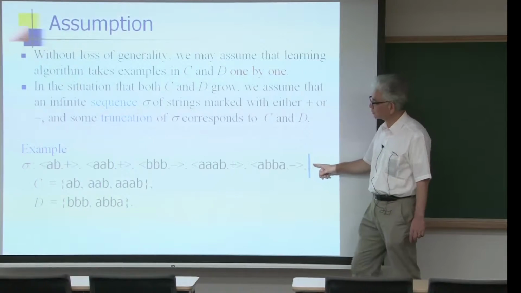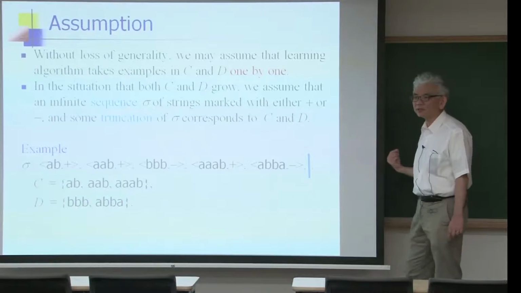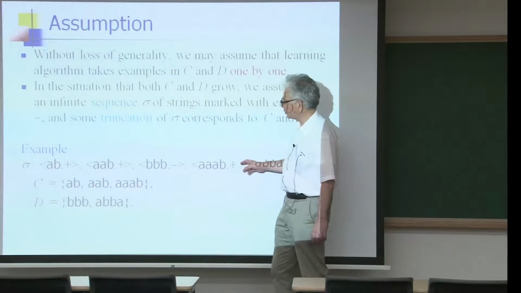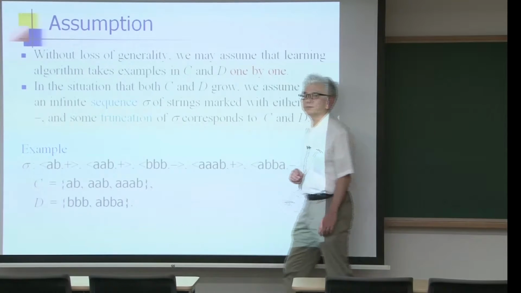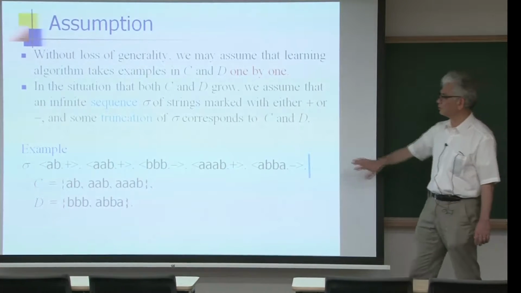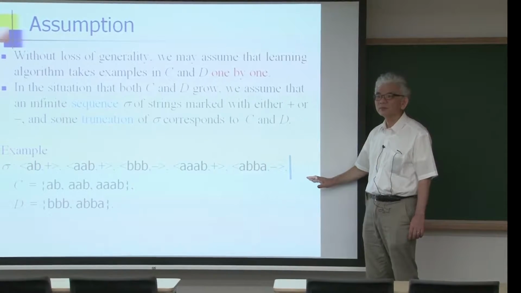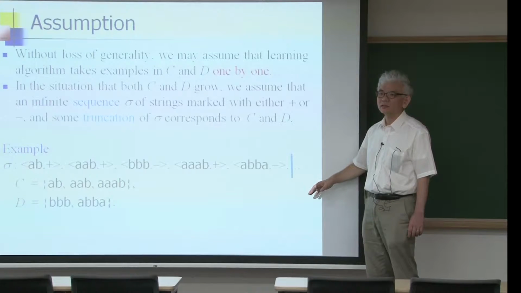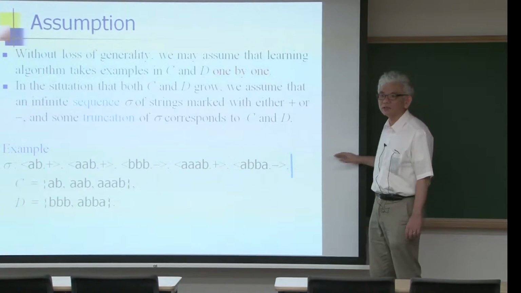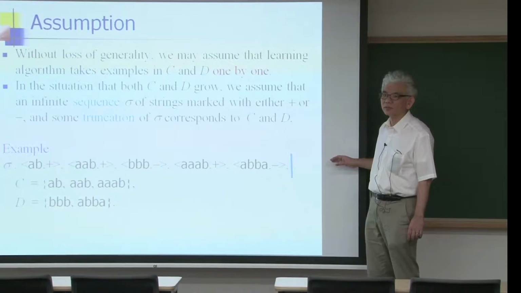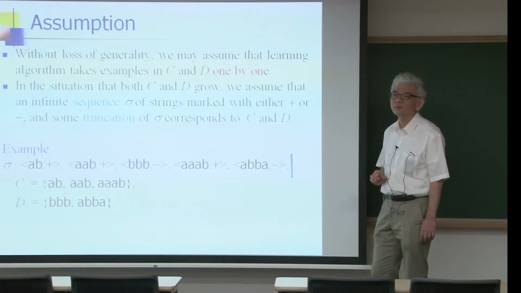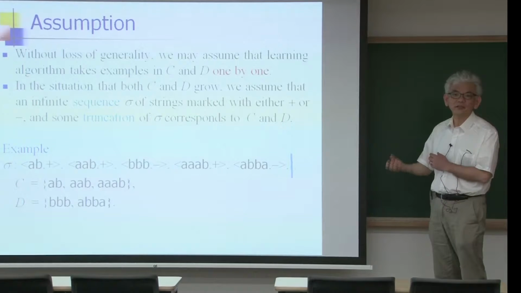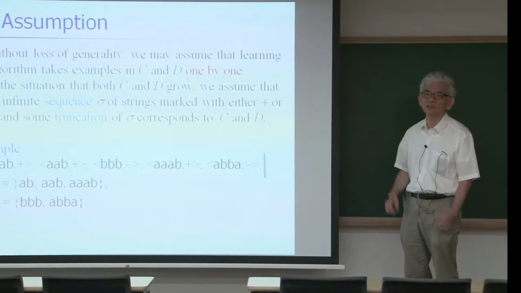Truncation means some prefix of the infinite sequence, and we gather the positive examples as C and the negative examples as D. So these two are equivalent. This means that being provided C and D is equivalent to considering the infinite sequence and its truncation. Then this sequence is infinite, so we can consider convergence or other concepts from mathematics.